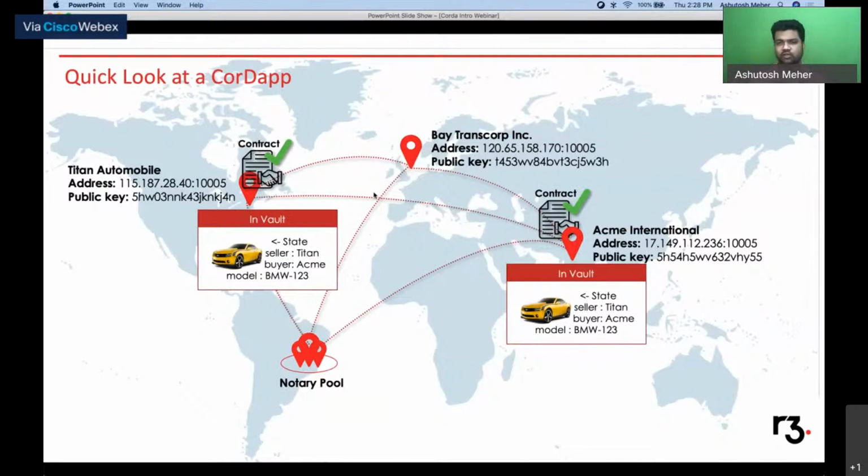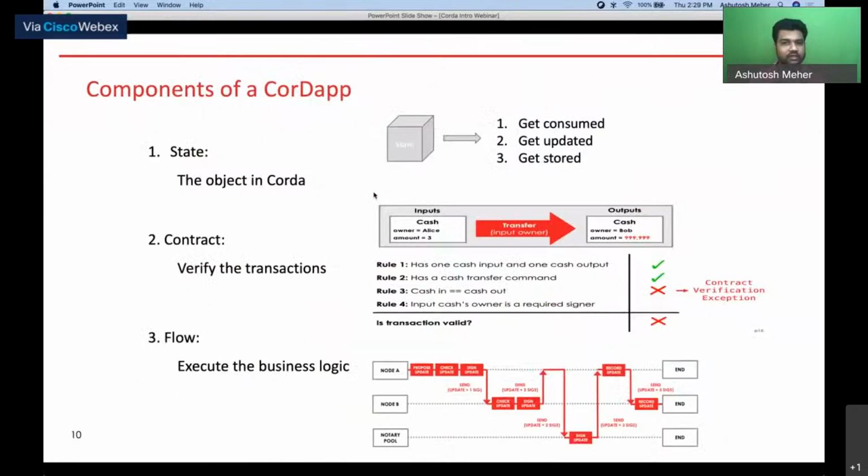Every business process is some kind of workflow, right? Those workflows can be modeled using the Corda flow APIs or the Corda flow framework. So that's the third component which you will develop. Three things that you will develop when you write a Corda app: the state, the contract, and finally the flow, right? States are just your assets, which will be represented on your ledger.